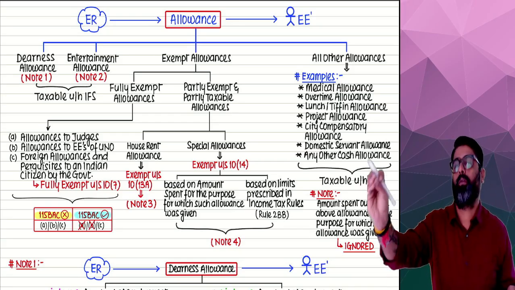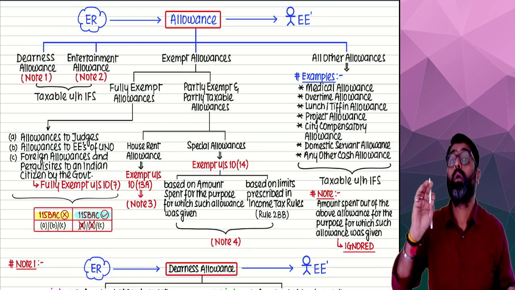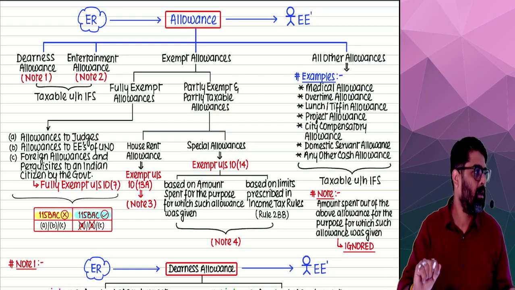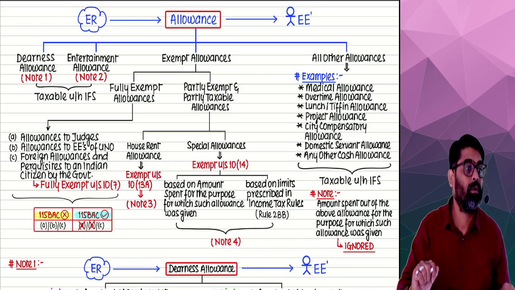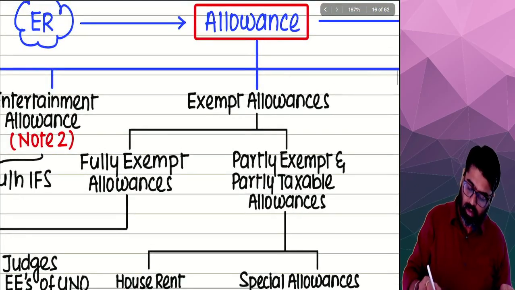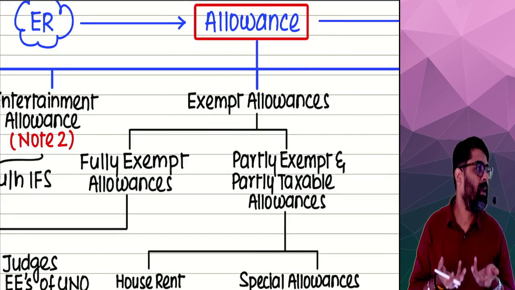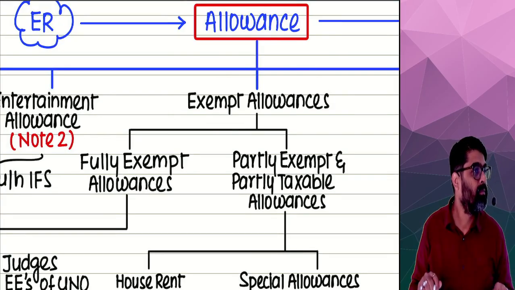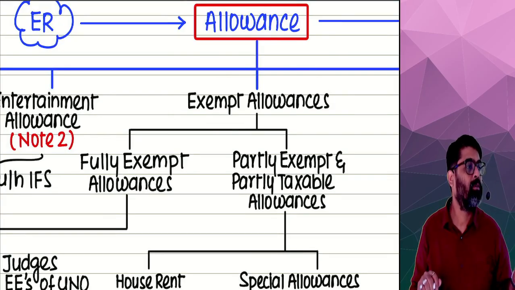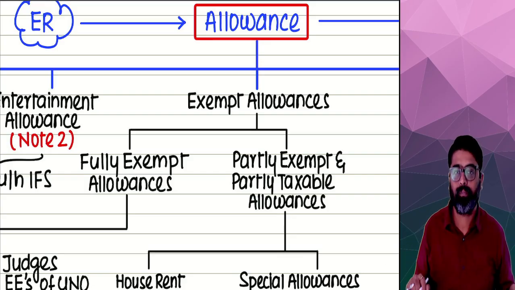But a few allowances, not all, are also exempt. So your focus should be on remembering the exempt allowances; the rest of the allowances are all taxable. You'll have to ask the allowance: are you covered in the exemption category?